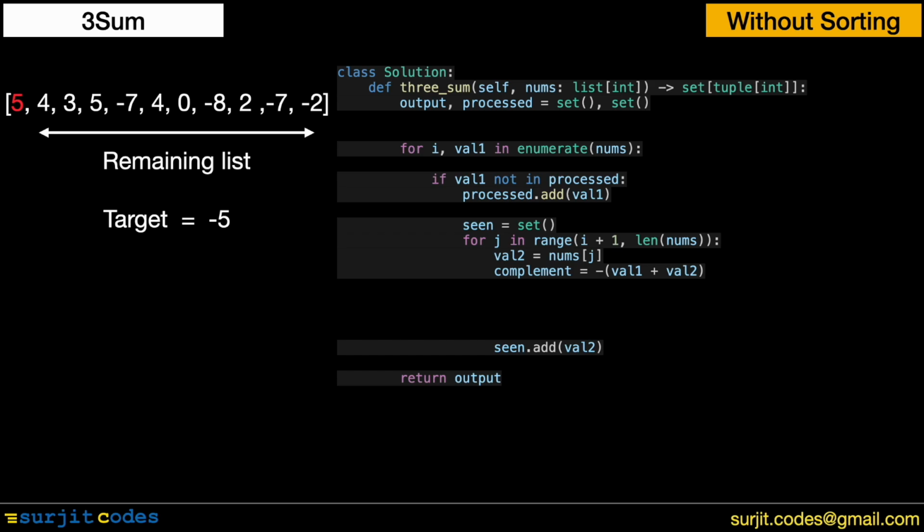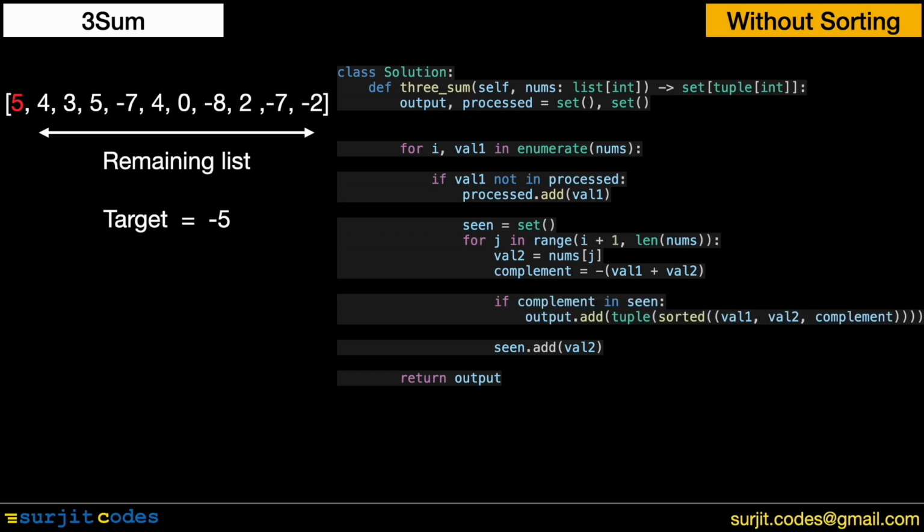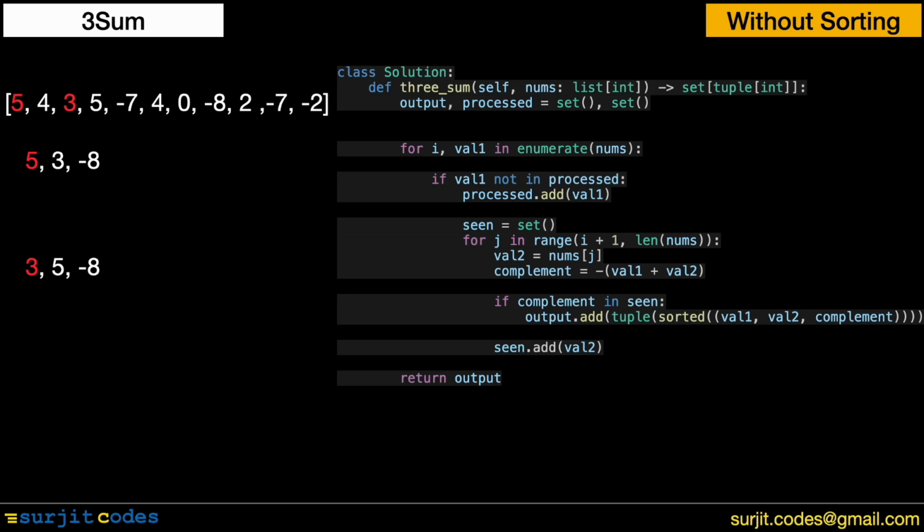Third number has to be negative of sum of val1 and val2. We call it complement. If complement is present in the set seen, it means that it was present in the list scanned earlier. So a triplet has been found, which is saved in the output set.